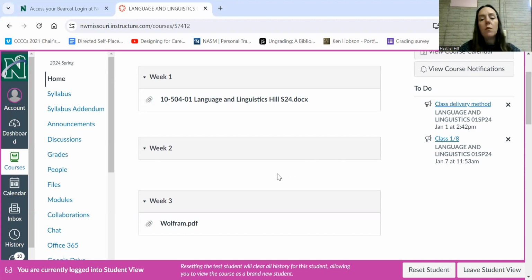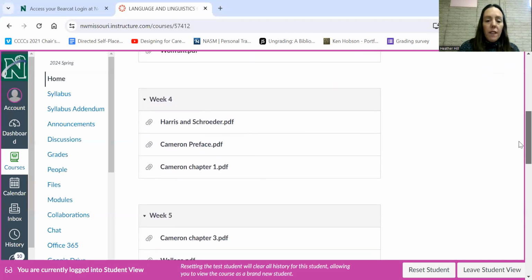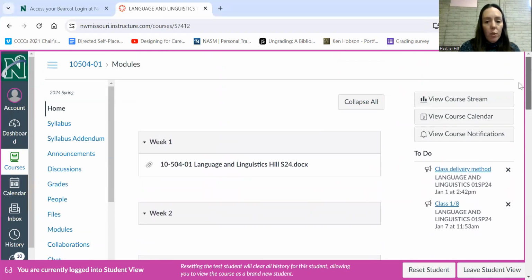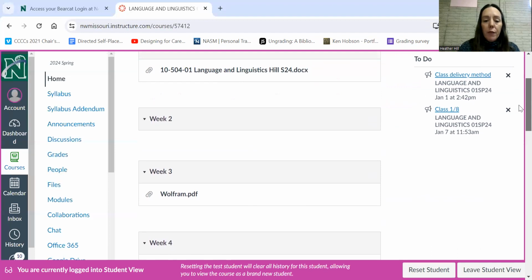The first one listed would be the Monday reading, and the second would be the Wednesday reading. If there's more than two, make sure you look at the syllabus to have the right ones on the right day. Assignments are also just under the week. Really easy, there should not be any confusion.